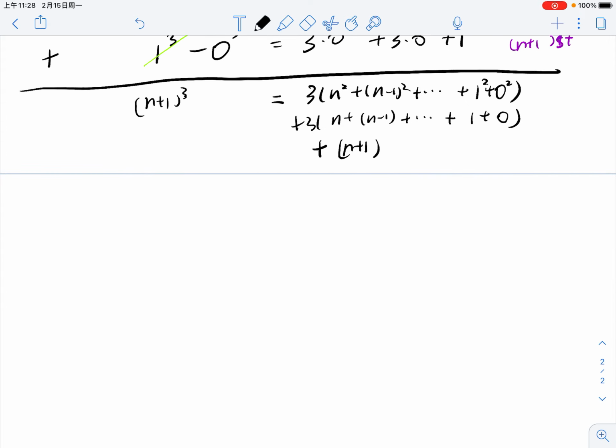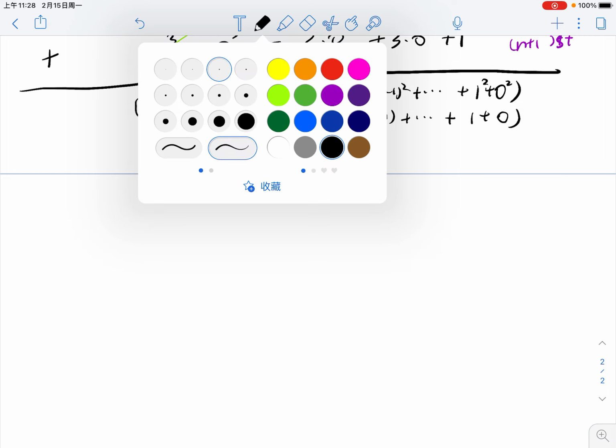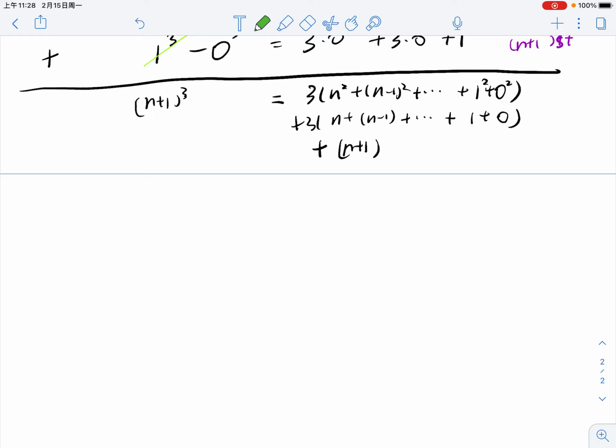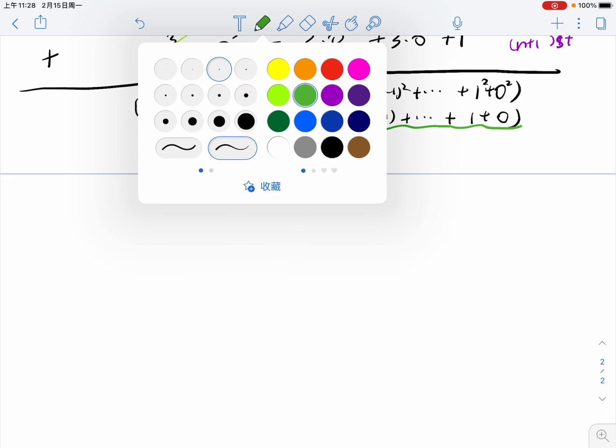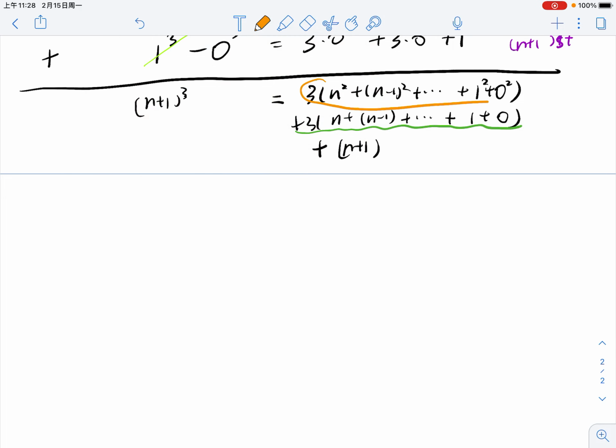Okay, if you look at the left hand side and right hand side more carefully, you will see we do have a formula for this summation, and this one is exactly what we want to know.